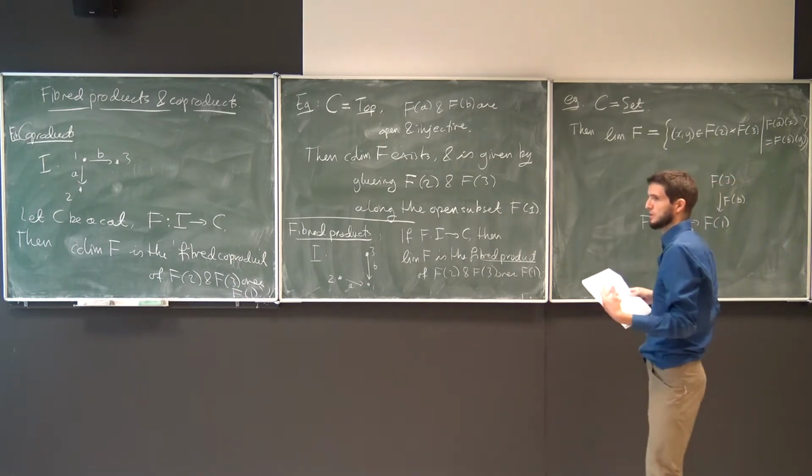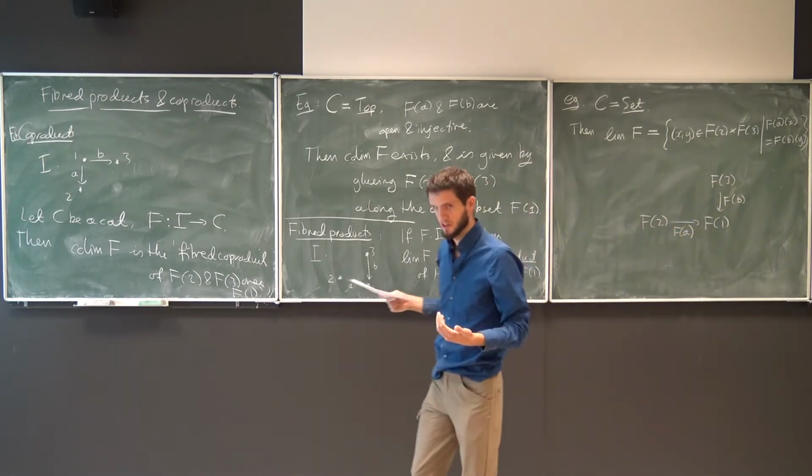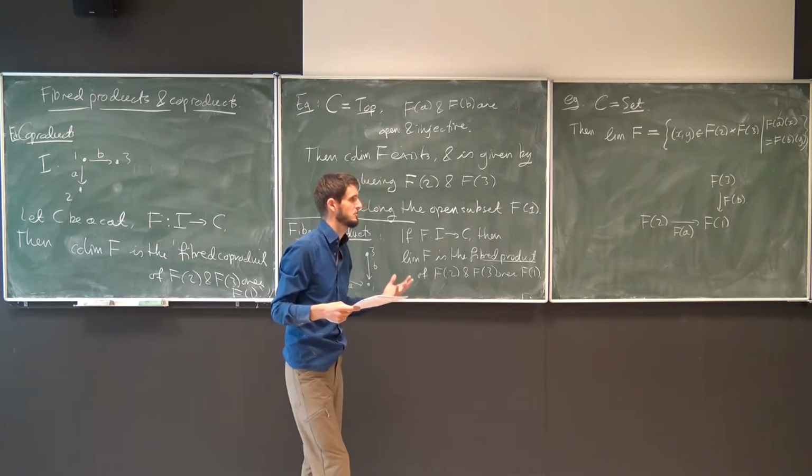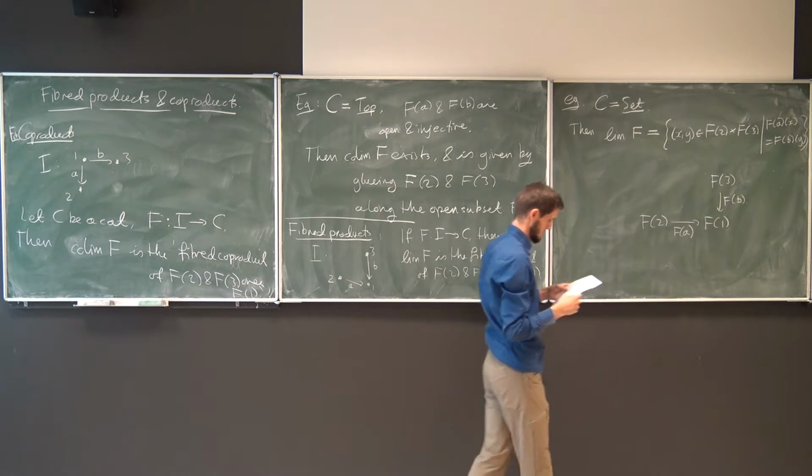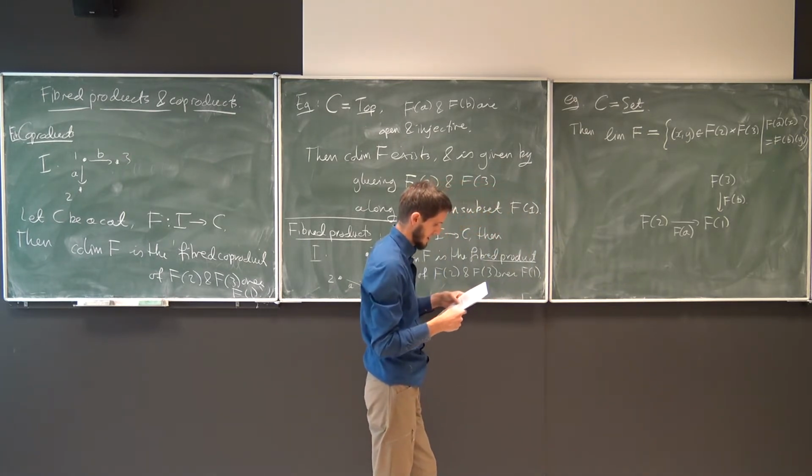In other words, it's a restricted version of the Cartesian product. You're taking the product of sets, but then you're only interested in the parts which have the same image in some third set.